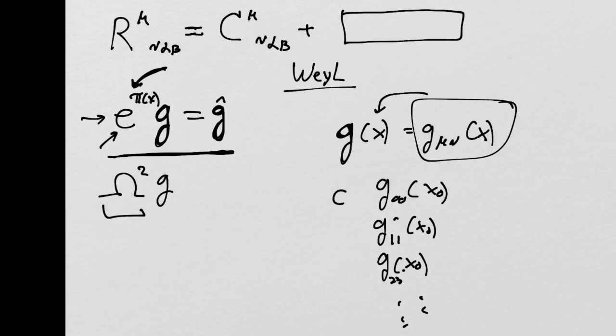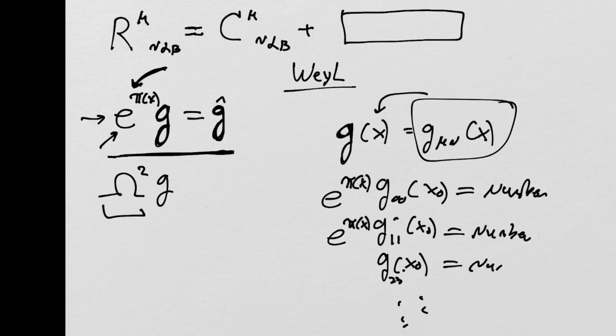But if I take them all and multiply them by e to the pi of x, where pi of x is a smooth but arbitrary function on the space-time, I'll get new values. These are going to be numbers. And when I multiply, these numbers are all going to change. So the metric is actually different.